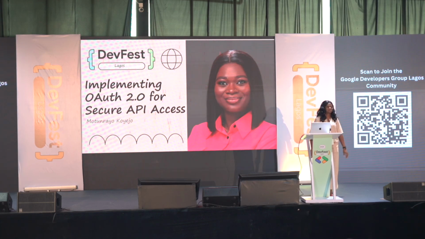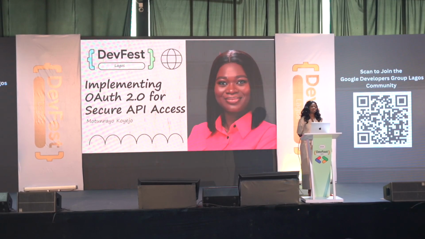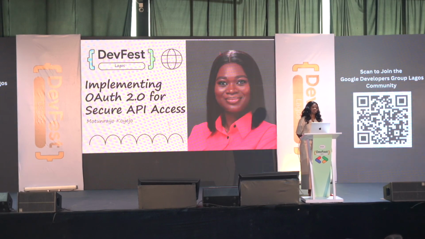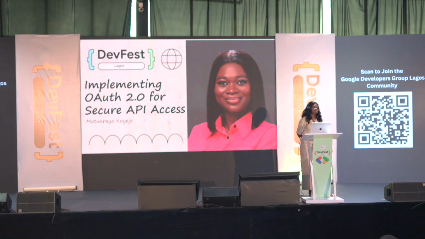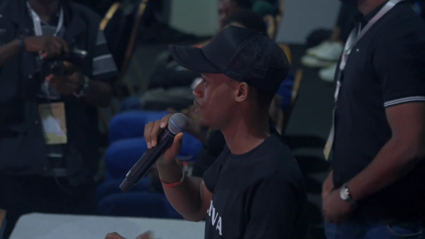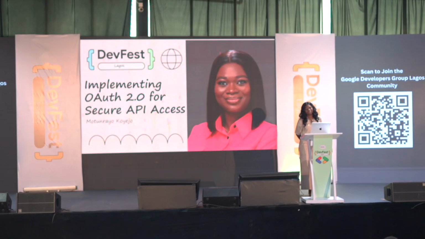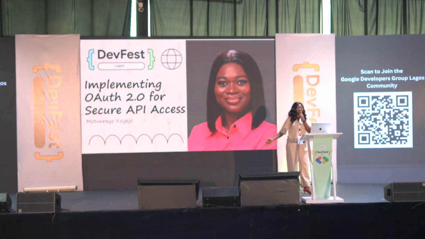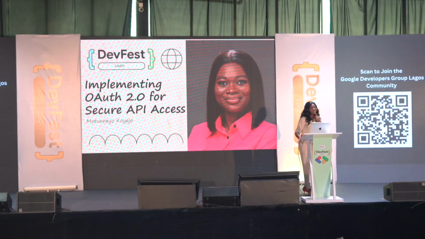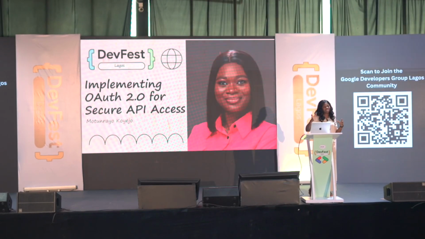My question is not about social authentication, it's about JWT. If you're using JWT authentication, is there a standard time for the access token to be valid before you refresh it? Okay, this session is not based on JWT. That's a different conversation entirely. JWT is JSON Web Tokens, and the way it works is different.